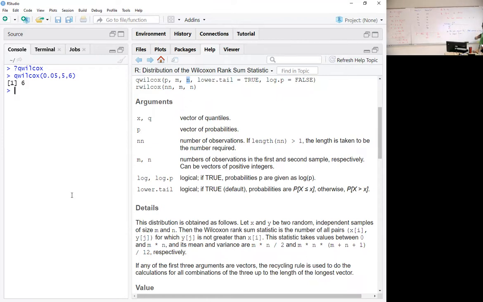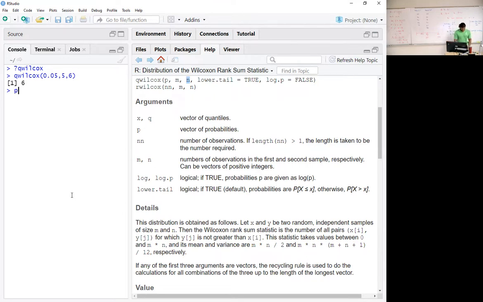What else? P-value. What is the p-value of a left-tailed test? Is it the area above the test statistic, area below the test statistic? Below the test statistic. Now, which one should we use if we intend to use R and the exact distribution? Should we use W, U, or U prime? U prime.